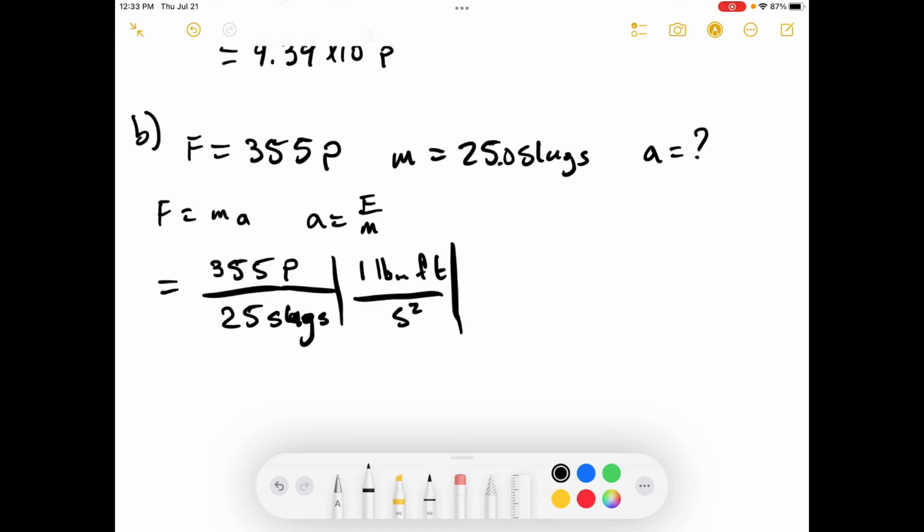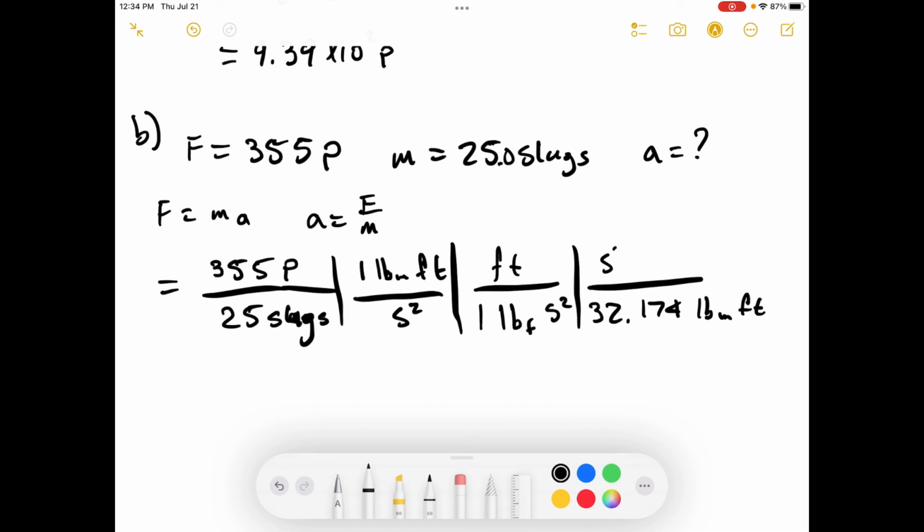And we know that 1 slug is equal to 1 pound force second squared per foot. And if we convert between pound mass and pound force, we need 32.174 pound mass foot per second squared is equal to 1 pound force.